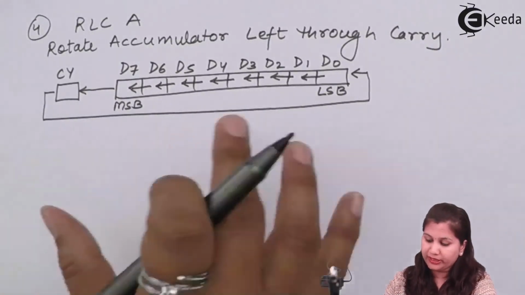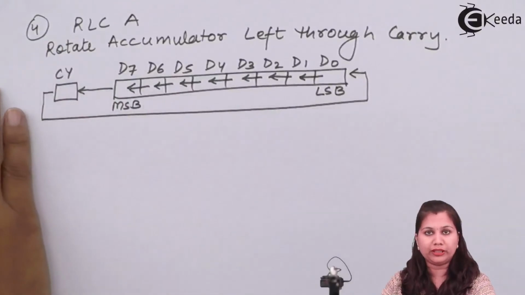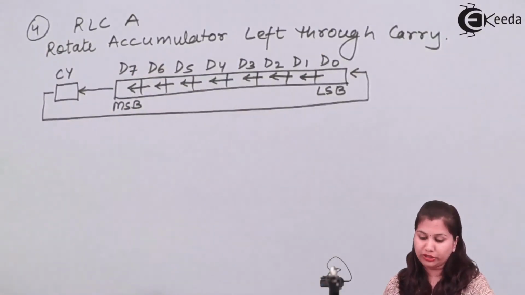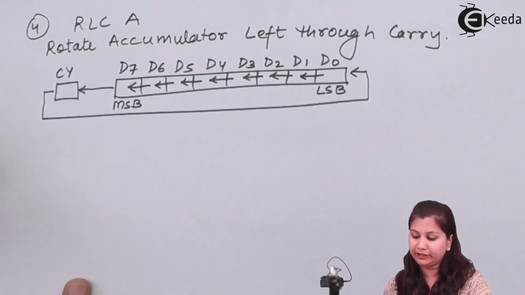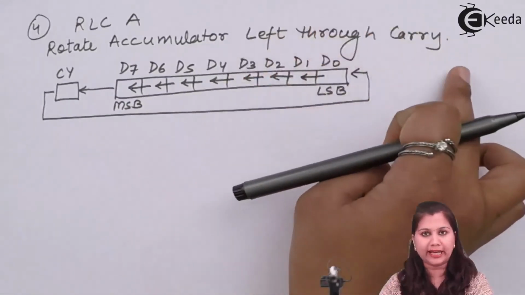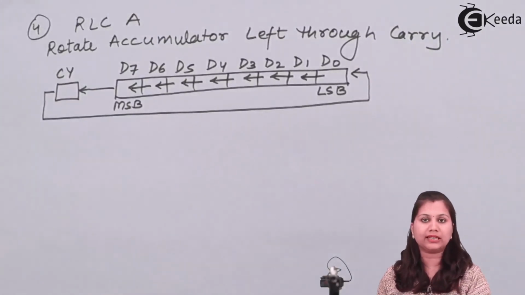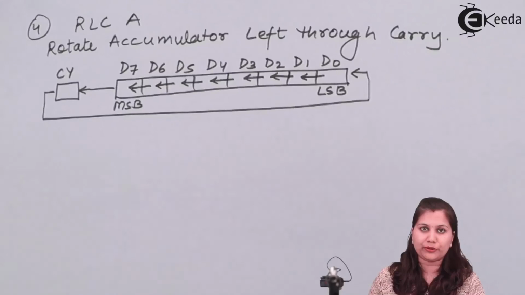So all the bits are shifted to the left, and the carry flag is also considered with it. This is the rotation of the accumulator to the left hand side through the carry flag. So these are the 4 rotate instructions in the 8051 microcontroller.